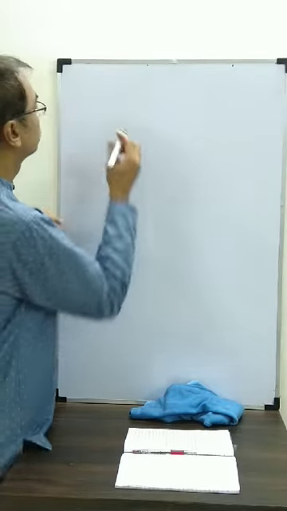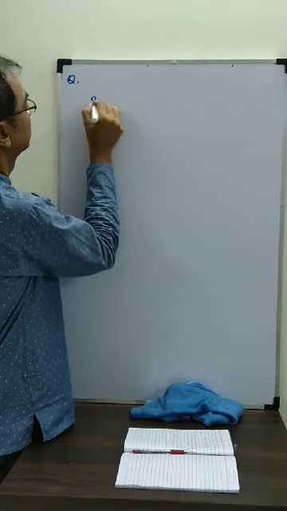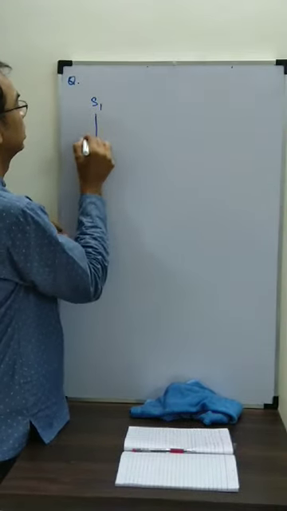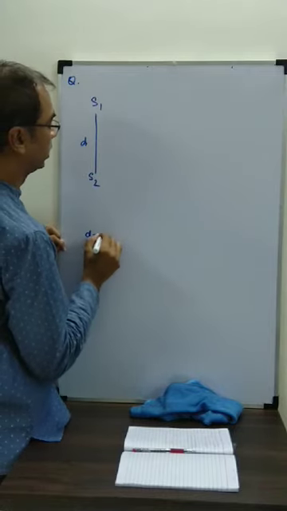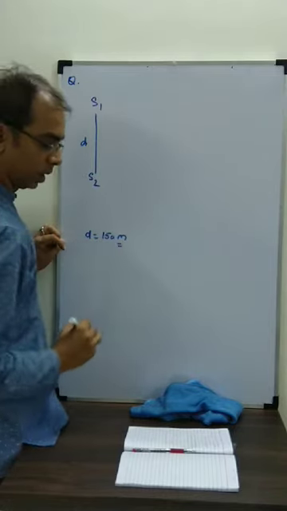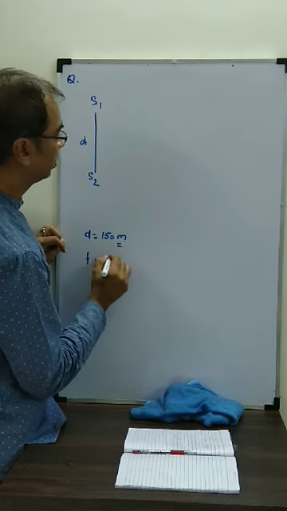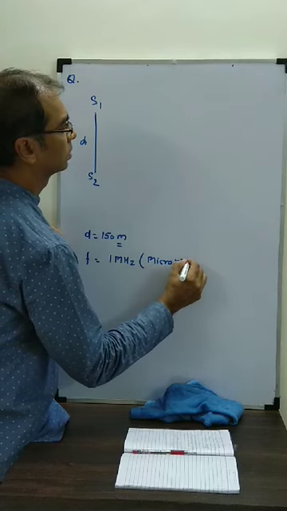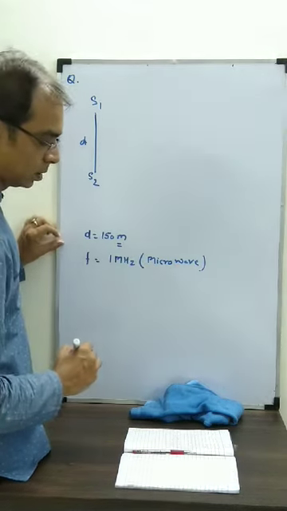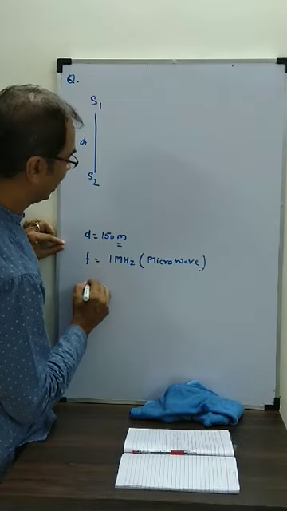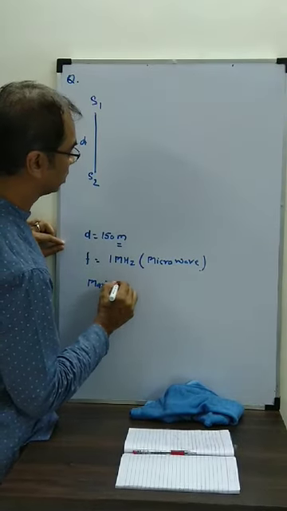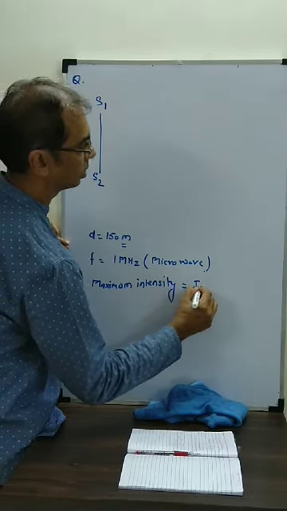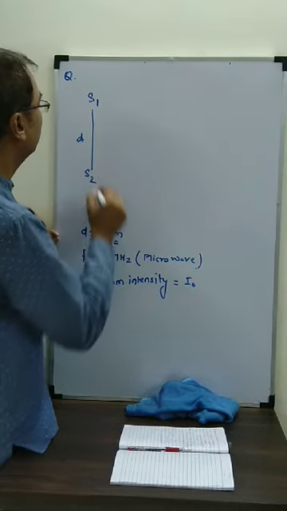There's a question here: S1, S2, and this is D. D is given to you as 150 meters. Both the sources are producing a frequency of 1 megahertz, microwave frequency. It's given that the maximum intensity due to their interference is I naught.